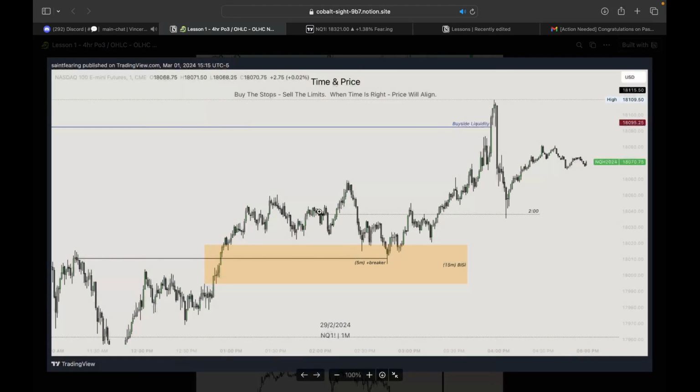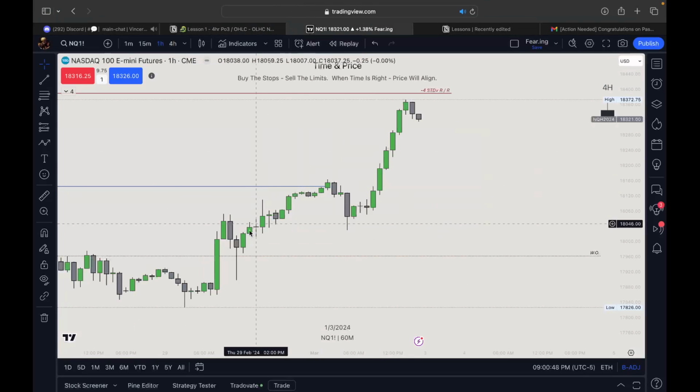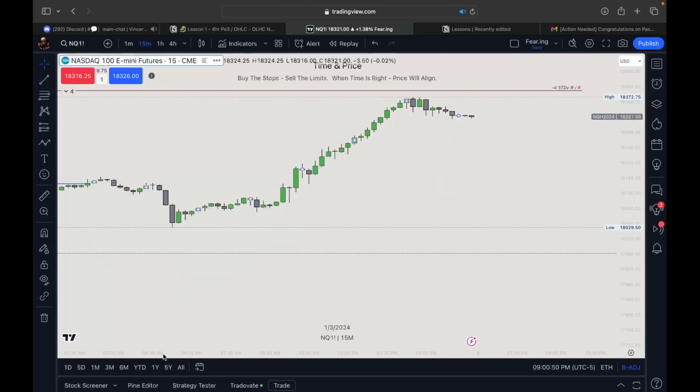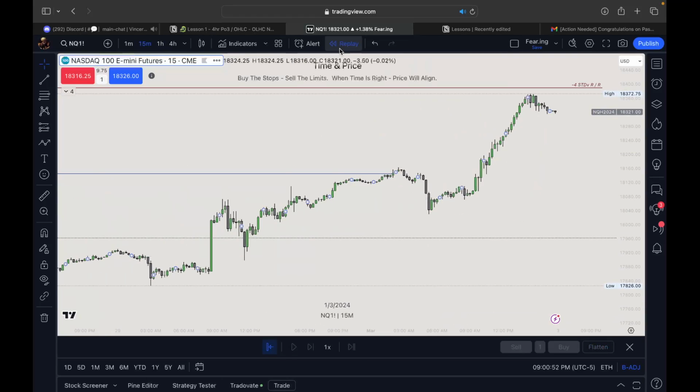2 o'clock. This is actually an example from yesterday or 2 days ago, whatever. 2 o'clock opening. Actually, let's just go into that. All right, so yesterday.